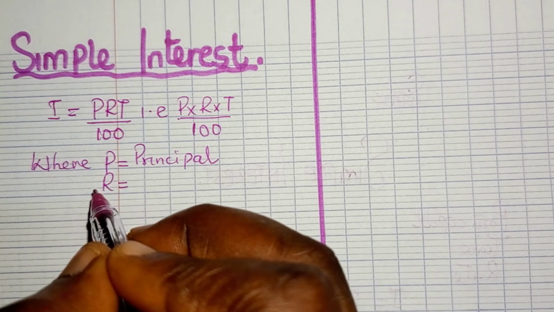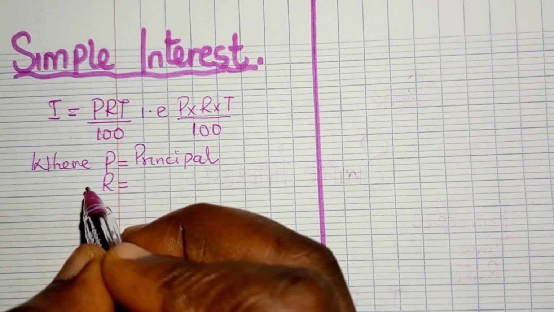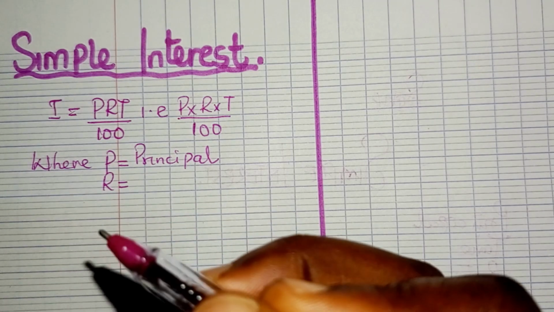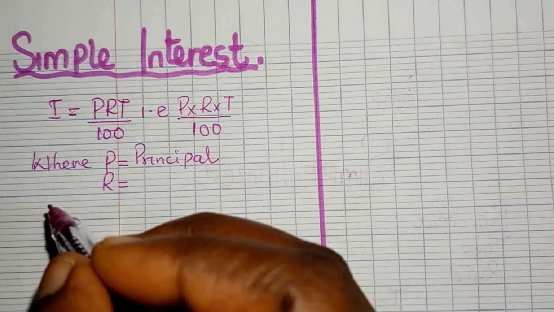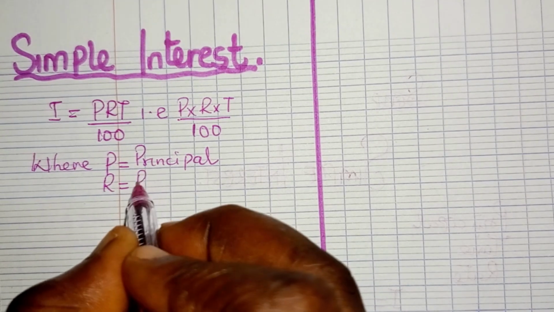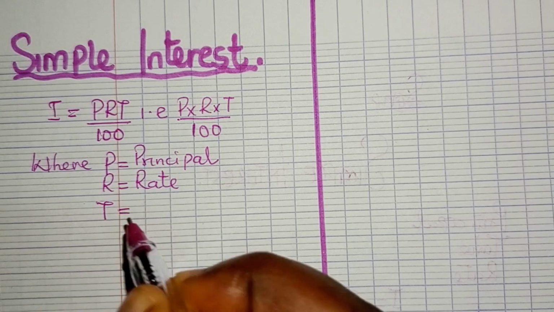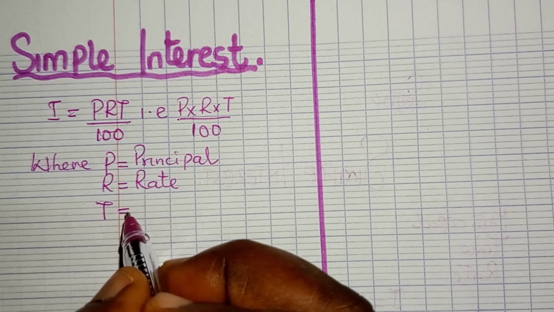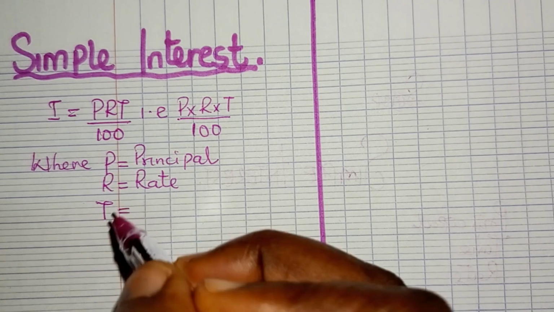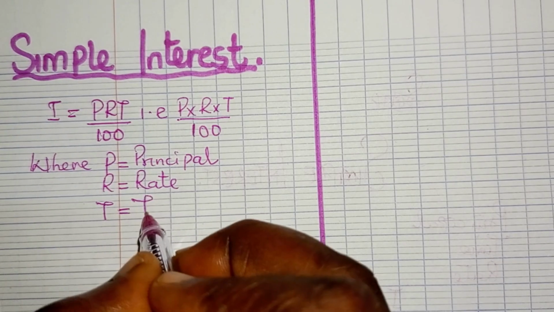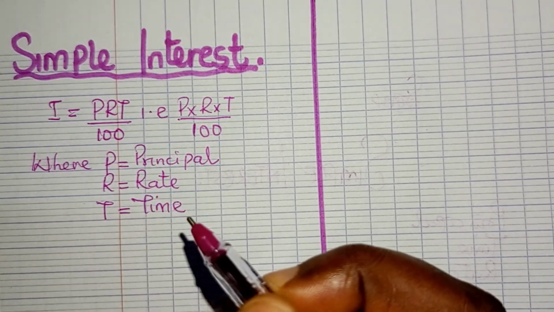This rate simply means the percentage of the principal that is charged over a period of time, per annum. So we have that R is equal to rate and T is equal to time. That is the duration for which the money was saved or borrowed. And T is time.